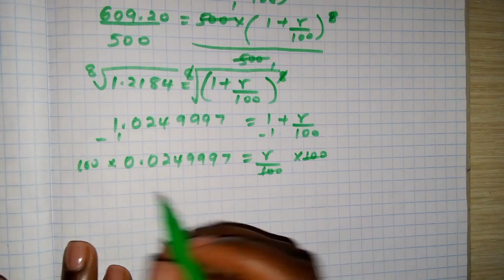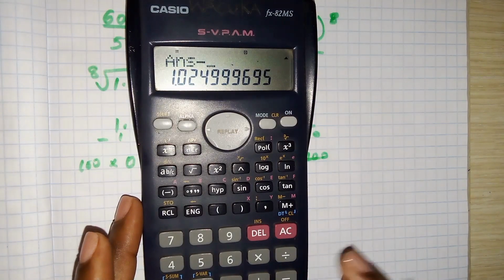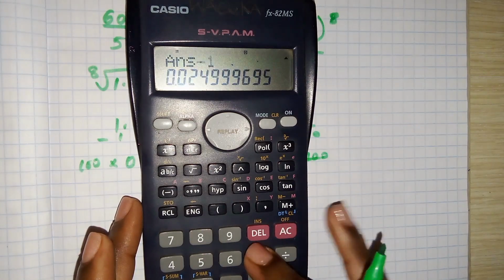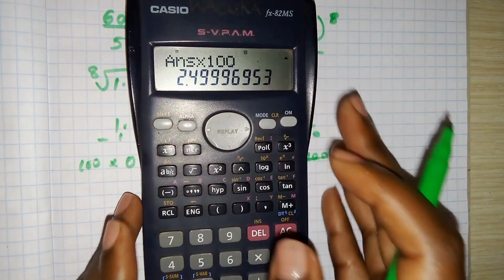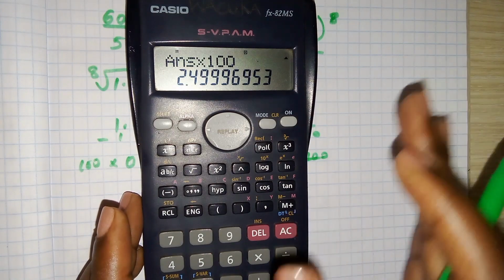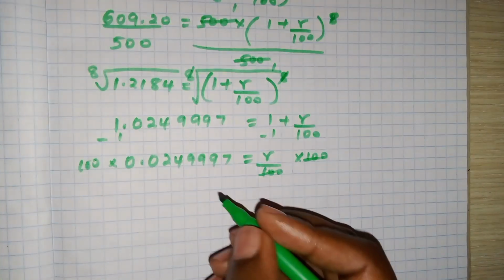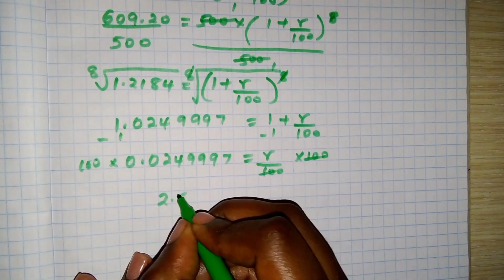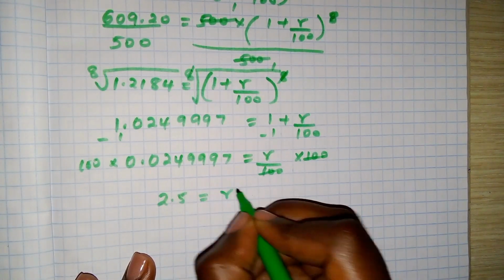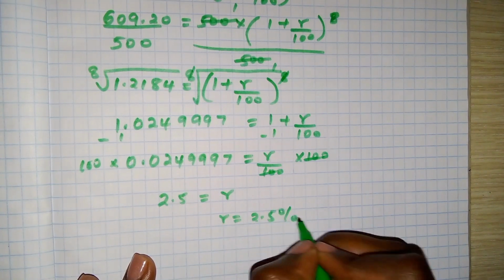Cancel that one with that. Let me just do it on the calculator. So here you did minus 1, then times 100. So it will be 2.49. So we can round it up to 1 dp. So 2.5 equals R. So we can say R equals 2.5%.